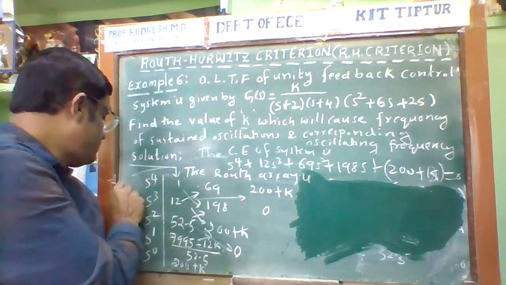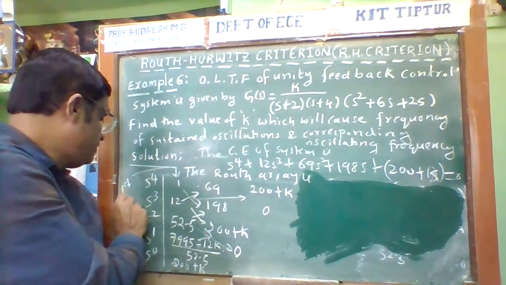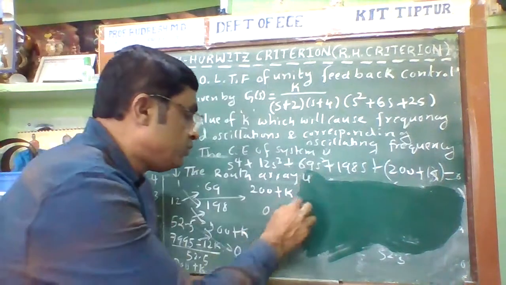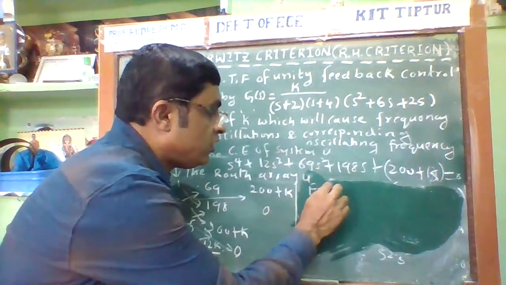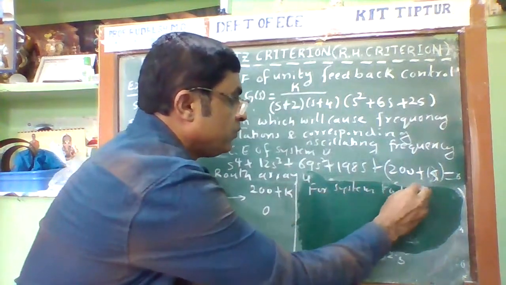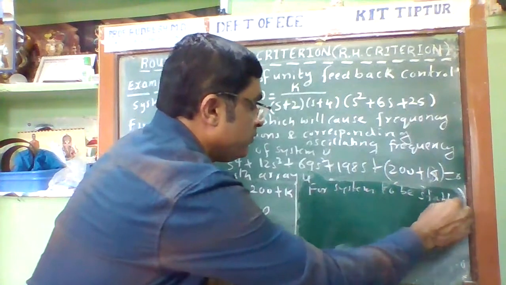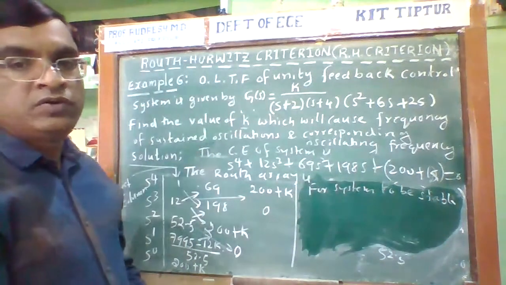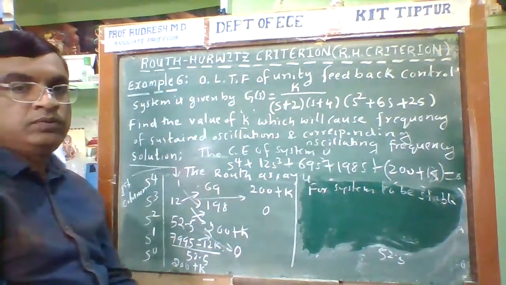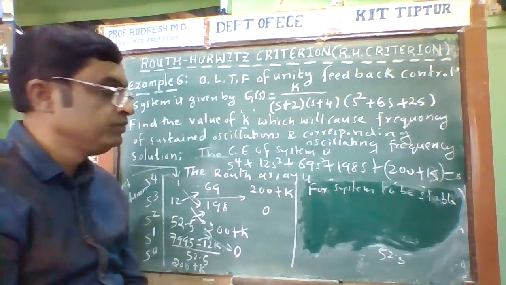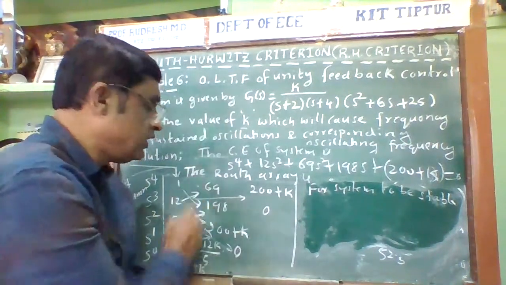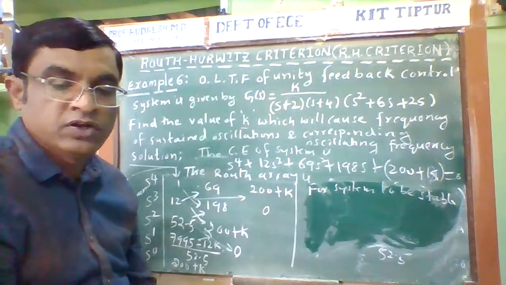For the system to be stable, all the elements of the first column must be positive.